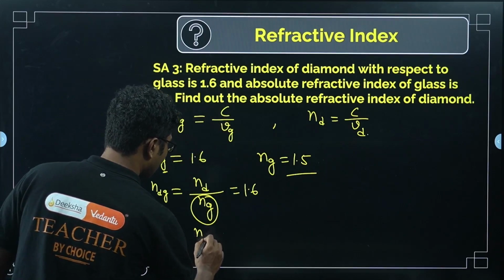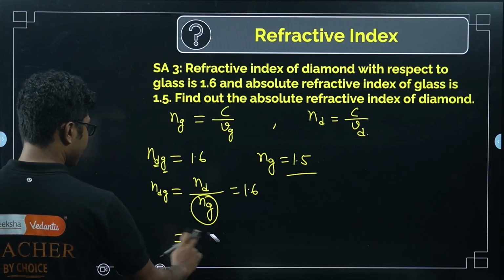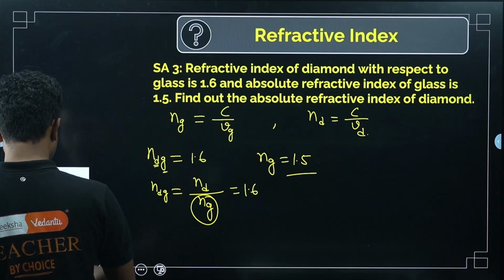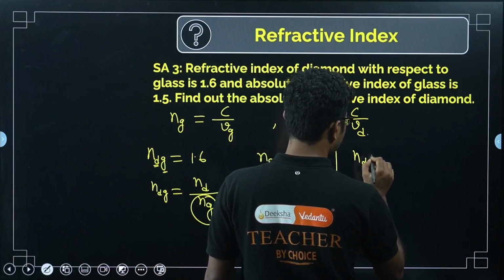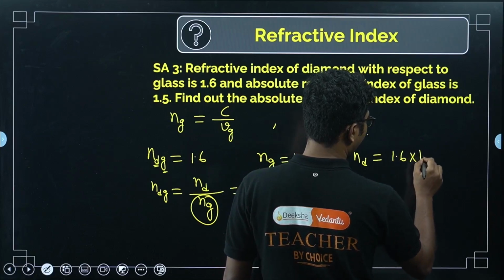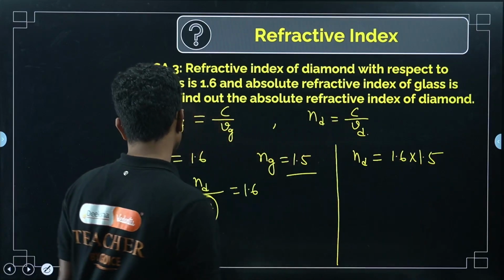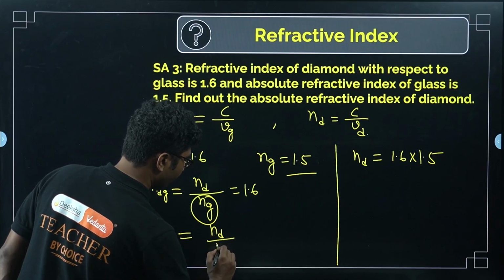So Nd, let me use the other space. We have a lot of free space here, so let me utilize that. So Nd is basically 1.6 times 1.5, right? So we can write this as Nd divided by 1.5, right?